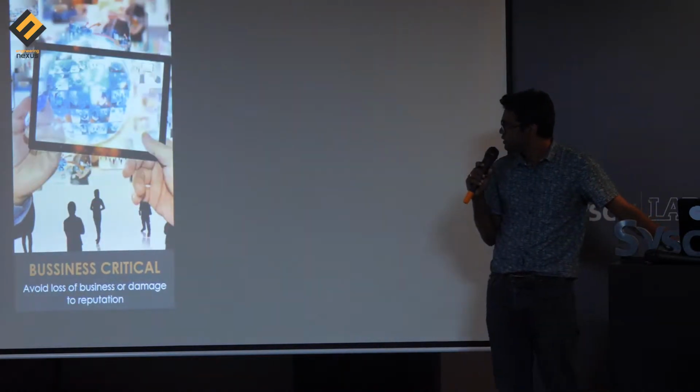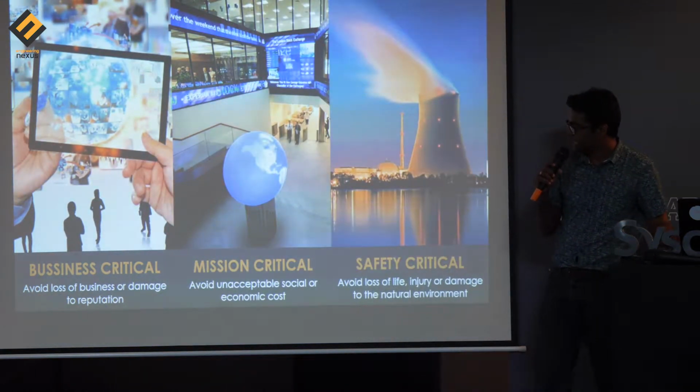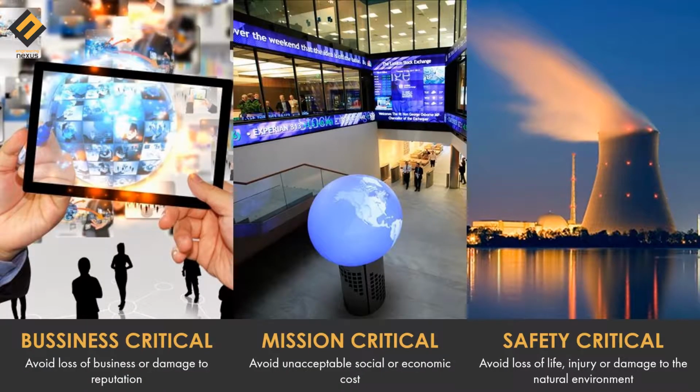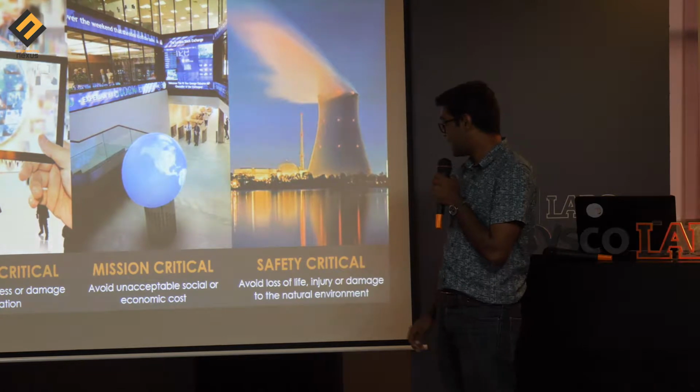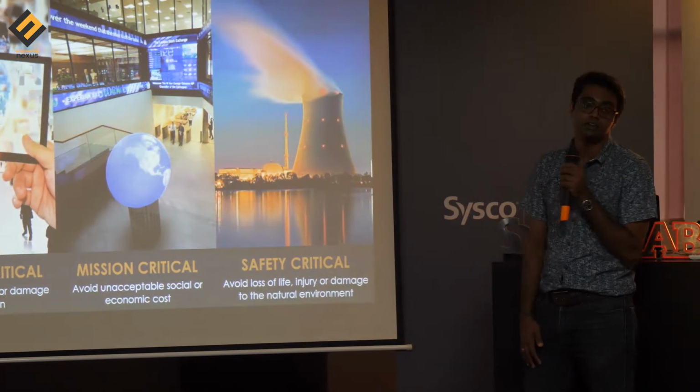So if you take mission critical systems, first we have to define what mission critical systems are. There are three different categories here. In the center we have the mission critical systems, which we focus on to avoid unacceptable social and environmental cost.